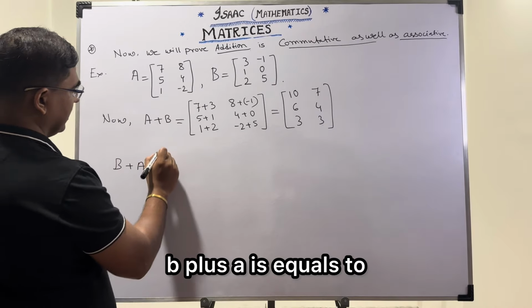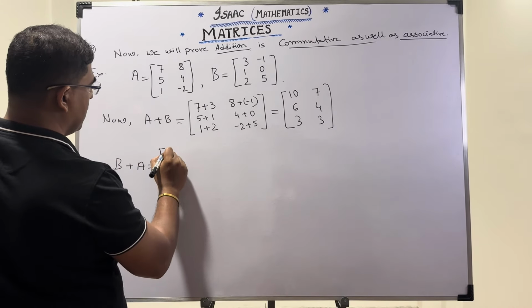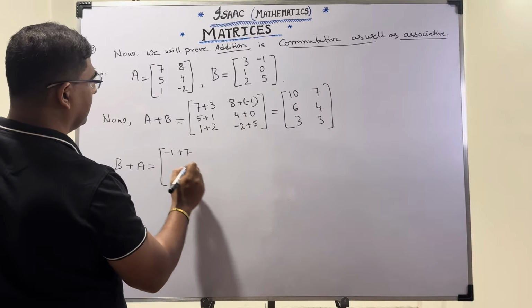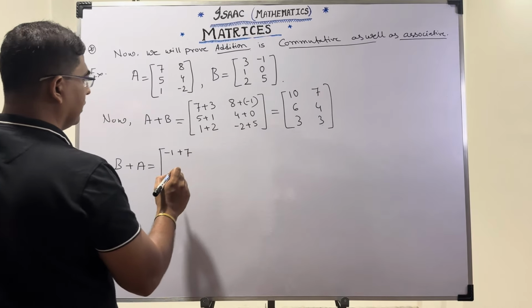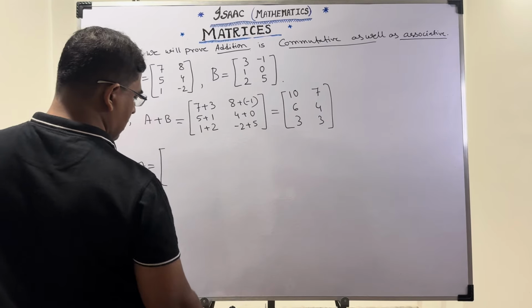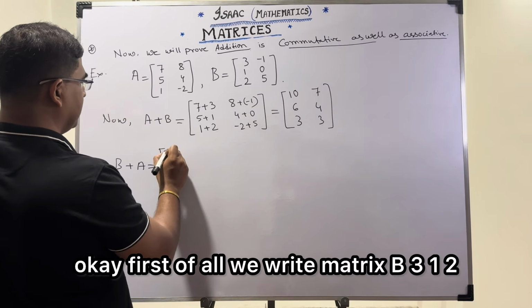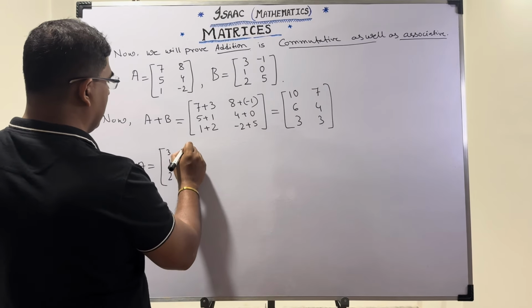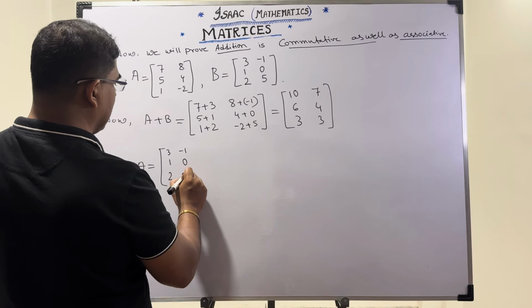B plus A is equal to, okay, first of all we write matrix B: 3, 1, 2, -1, 0, 5.